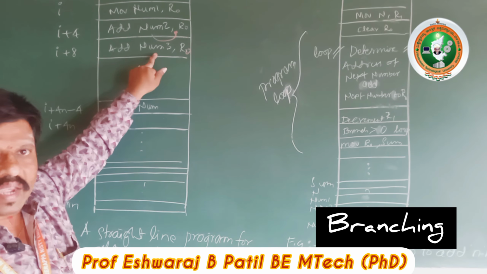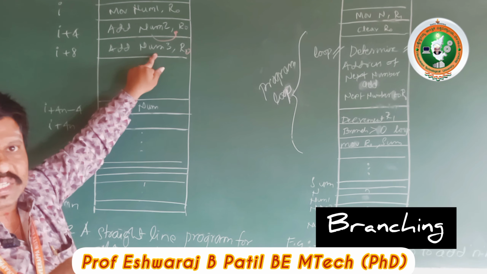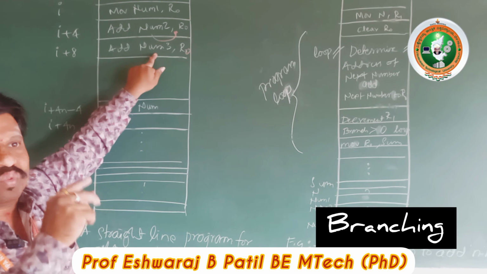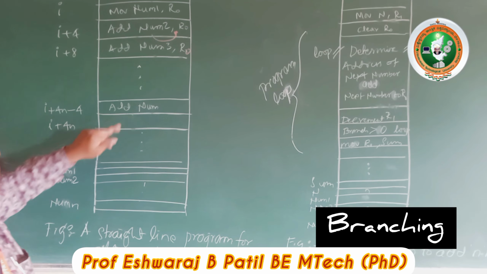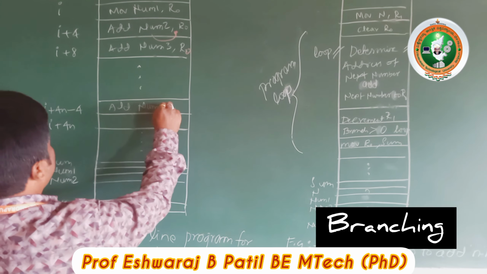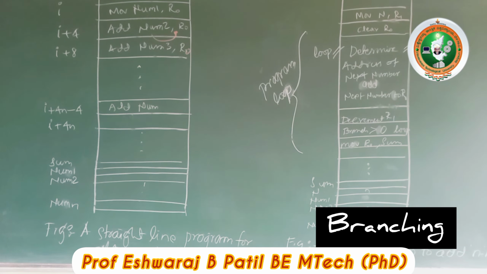Which means here we are adding the numbers sequentially one by one, 1, 2, 3 like this, up to n numbers. You have to add n numbers together.